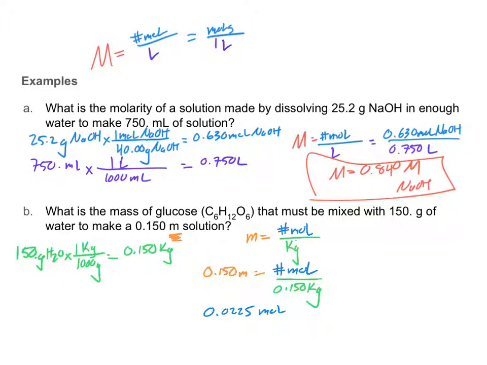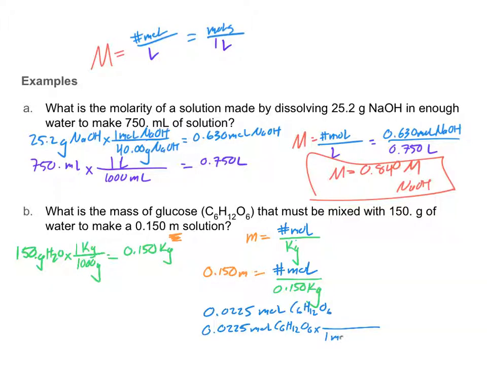In this case of glucose, C6H12O6. So if I need to figure out the mass of glucose, I'm going to take the 0.0225 moles of C6H12O6, and I'm going to convert it to grams.